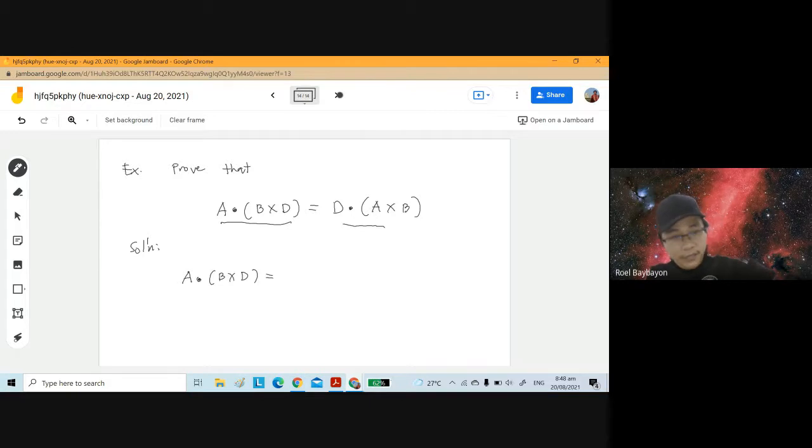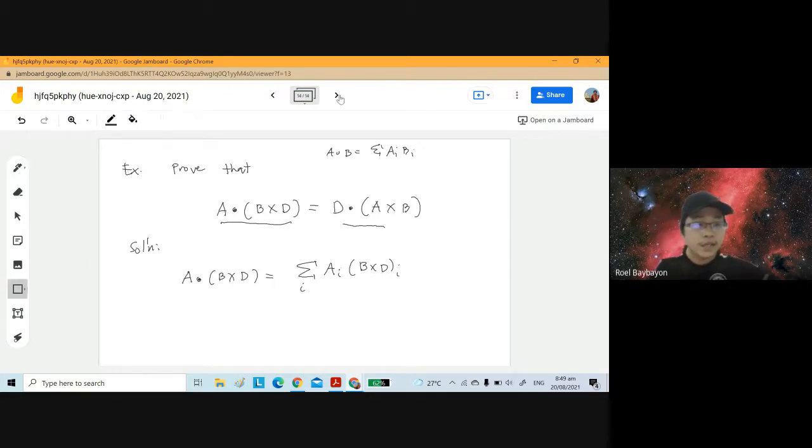A dot some vector B cross D is equal to the summation of A_i and then the i-th component of B cross D. Right? The definition of the dot product is A dot B is equal to the summation of A_i B_i. So therefore we have A_i, and then the i-th component of B cross D. So we have the summation of A_i times the i-th component of B cross D.